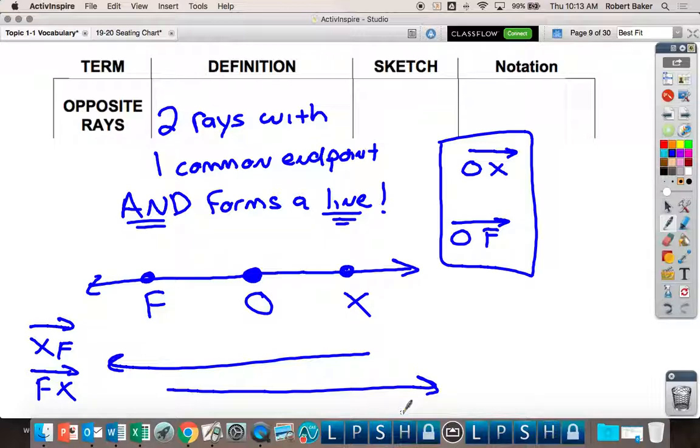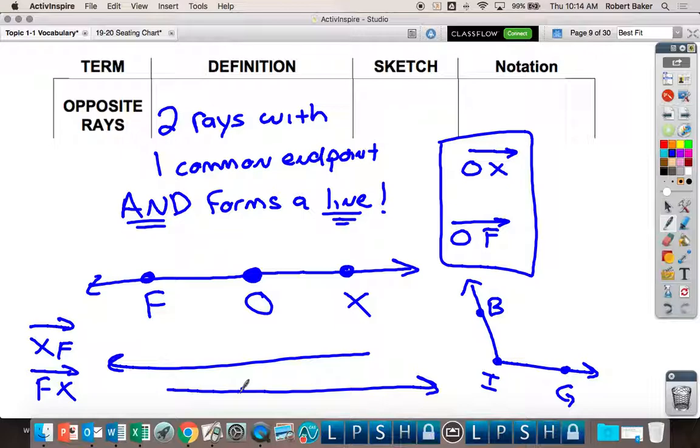No. No. Okay. Another one that you guys may try and do are those opposite rays. Okay. Well, so they fit one part. They have a common endpoint.